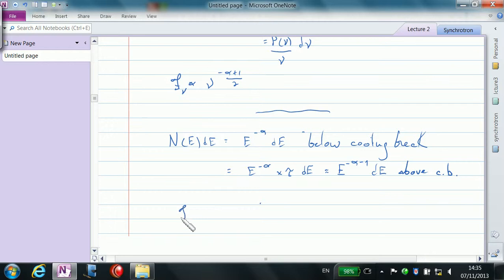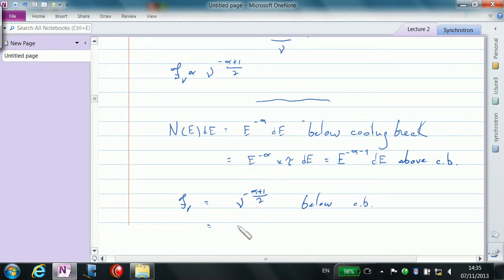So f of nu is proportional to nu to the minus alpha plus 1 over 2 below the cooling break, and proportional to nu to the minus alpha over 2 above.